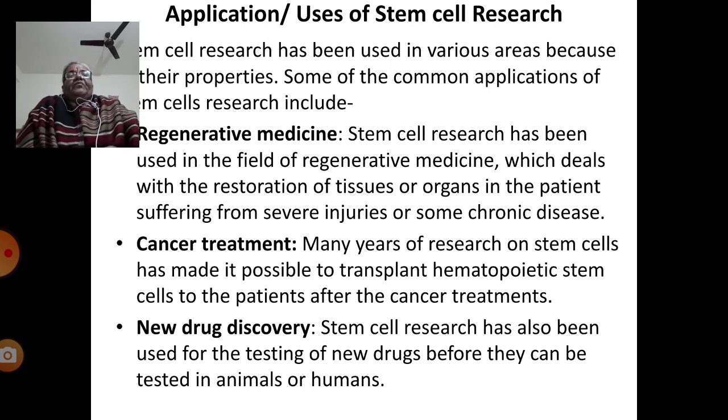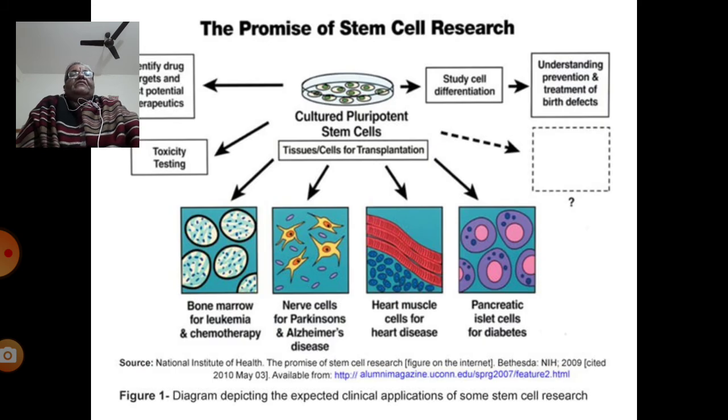Then this slide or PPT presents the promise of stem cell research and future prospects. So this is the diagram depicting the expected clinical applications of some stem cell research.